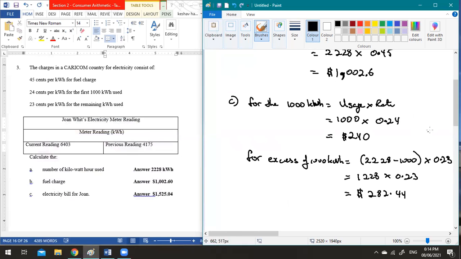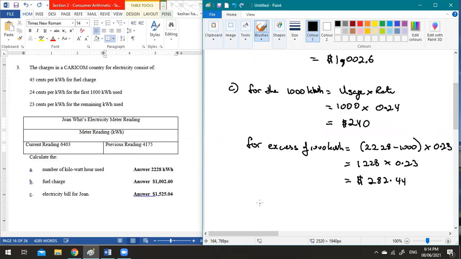Now, the total bill will be the fuel charge plus the charge for the 1,000 plus the excess of 1,000. So it'll be $1,002.60, add $240, add $282.44.